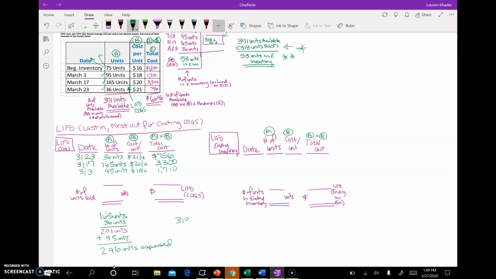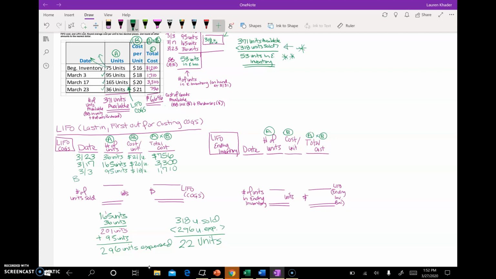So I'm going to take 318 units sold minus the 296, and I need an additional 22 units from this beginning inventory layer.